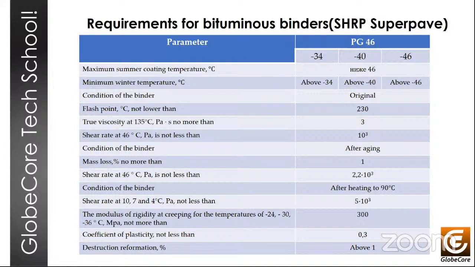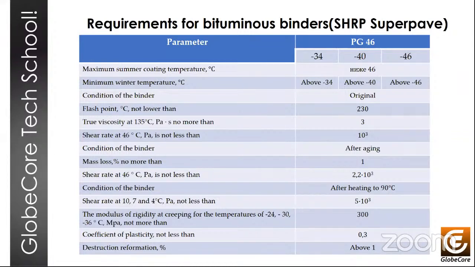Now, the American SuperPave system of standards was developed from 1987 to 1995 as the traditional indicators for assessing the quality of bitumen that were used for many decades in the standards came under serious criticism.